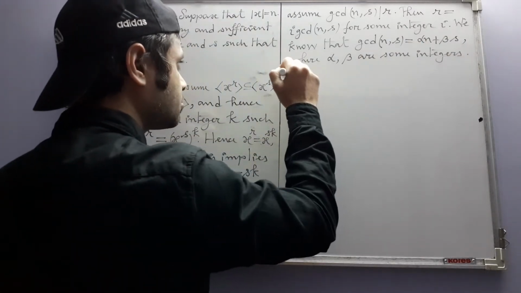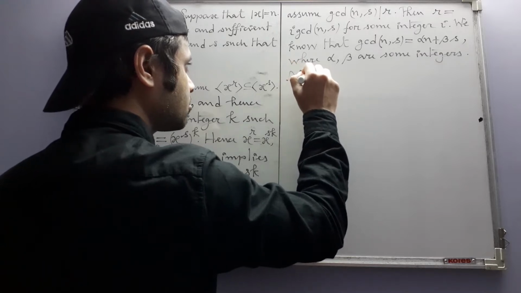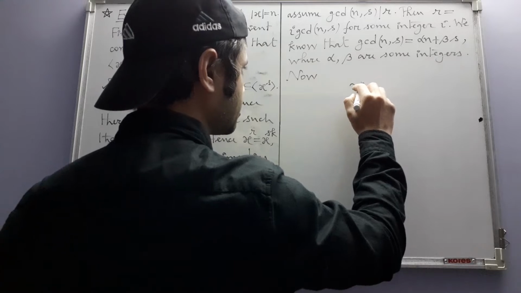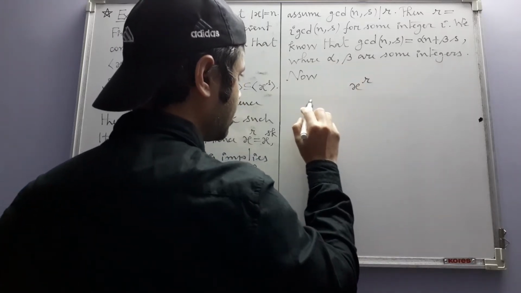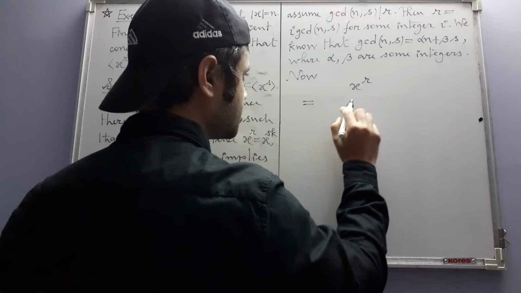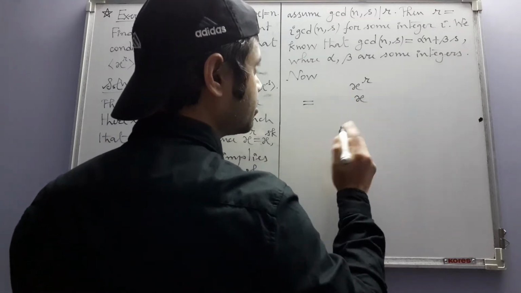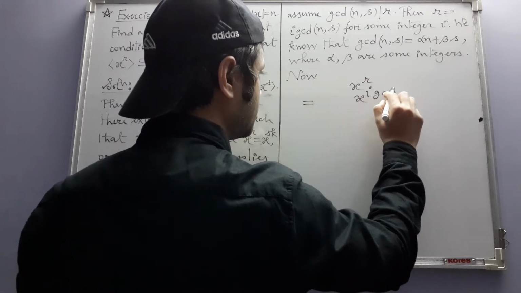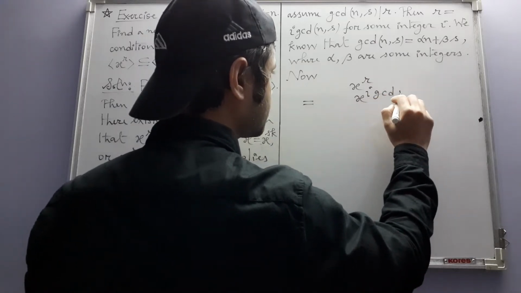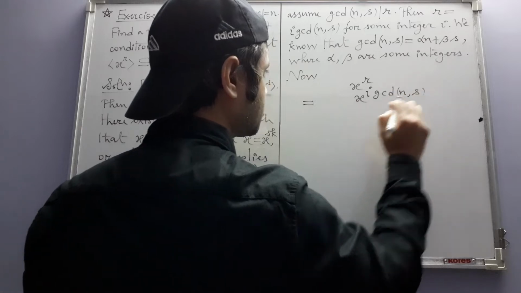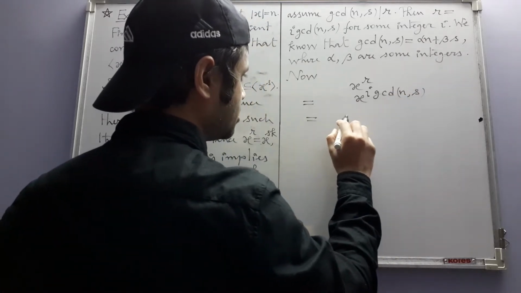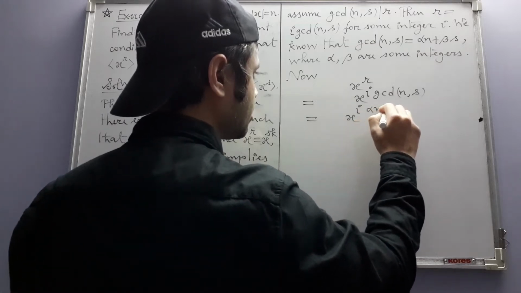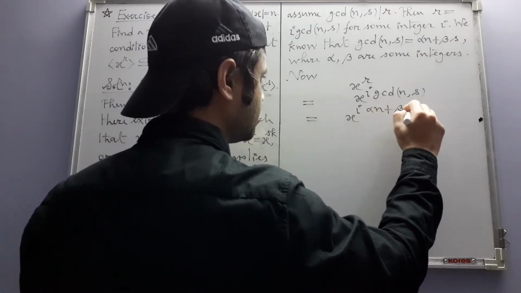Now look at this calculation. x to the power r becomes x to the power l times GCD of n and s. So this is l times alpha n plus beta s.